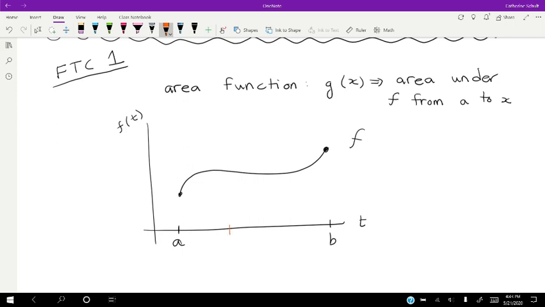So for instance, let's say we're defining x to be right there. All right, so then the area from a to x under f, so that region, that's what your g of x is. And it changes, right? As we move x to the left and to the right, closer to b, closer to a, g of x is going to change. So g of x is indeed a function.